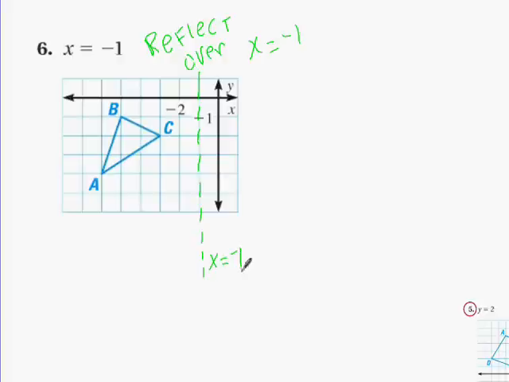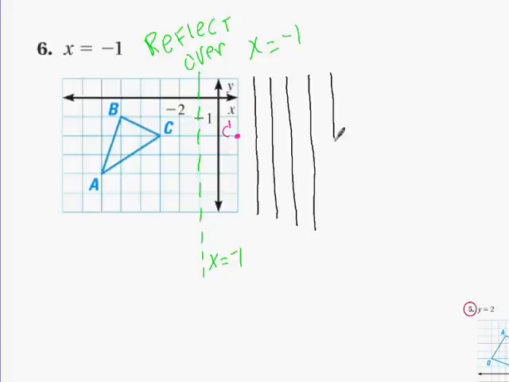And I'm going to take every point, like this point here, and see how far away it is from the line of reflection. I have 1, 2. So I'm going to go over 1, 2. And this point is going to be C prime. Actually we ended up not having enough lines here, so let's build some more lines on this graph, just because this isn't big enough.